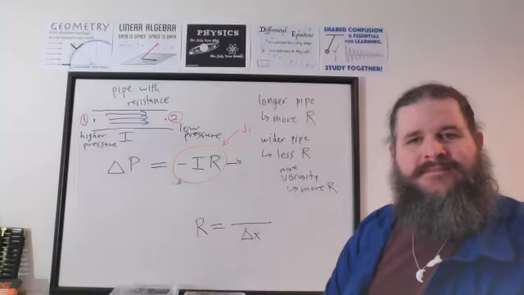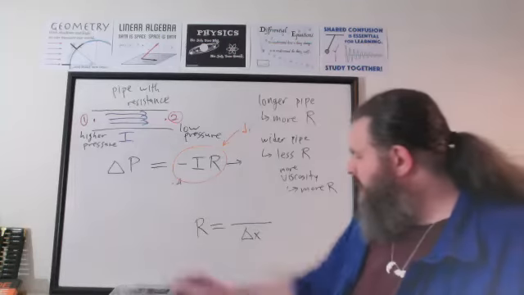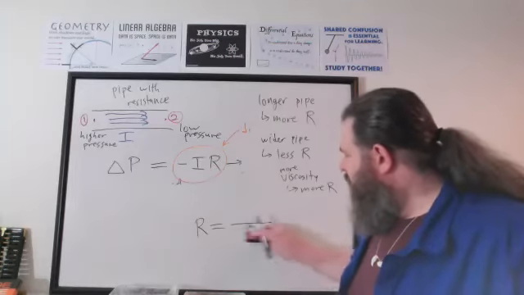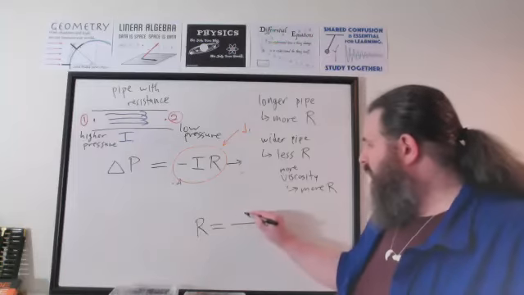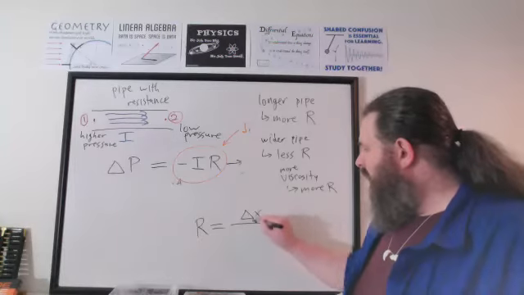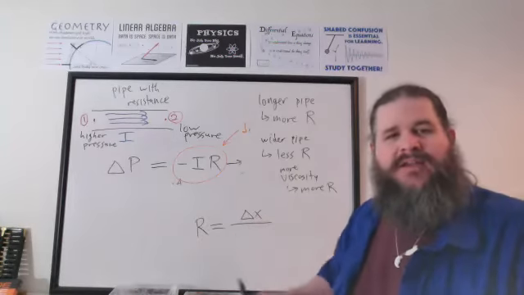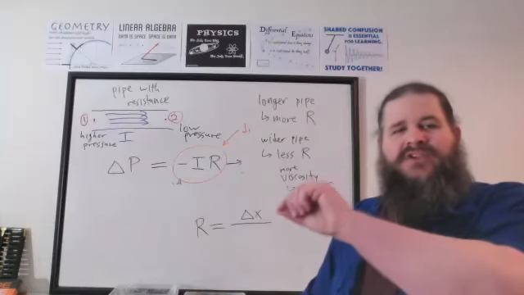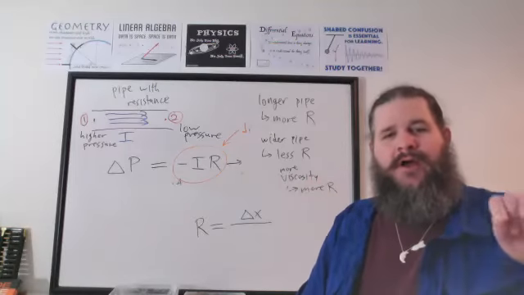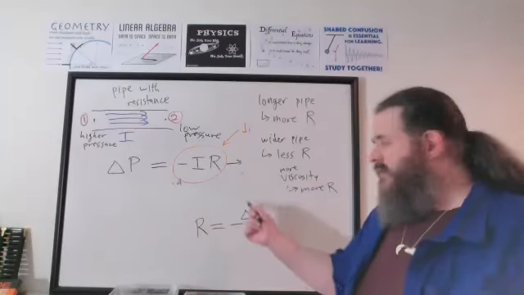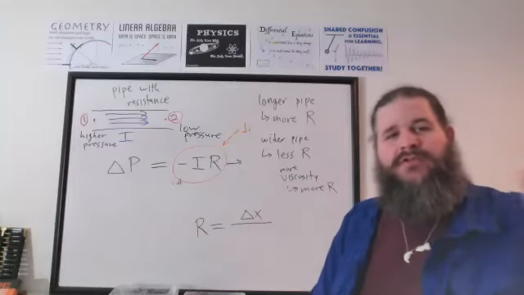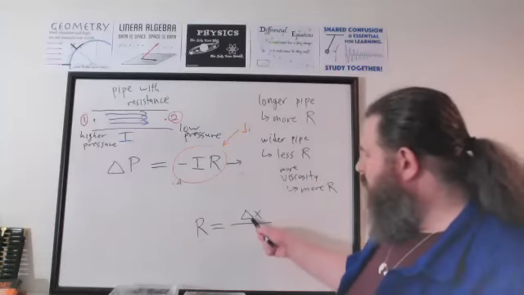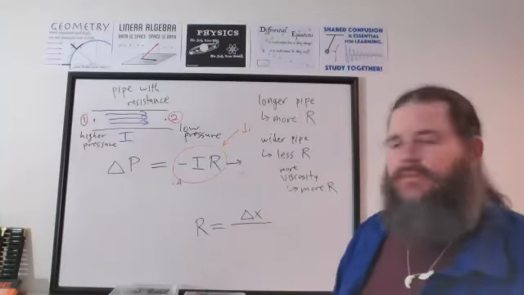Oh, that would be less. So yeah, it should be in the numerator, because we want larger length to lead to larger resistance. So we're going to put the length in the numerator. And we usually call that delta X, because the length of the pipe just tells you how far the fluid has to flow, the change in position of the fluid as it flows through the pipe. So longer length of pipe means more resistance.